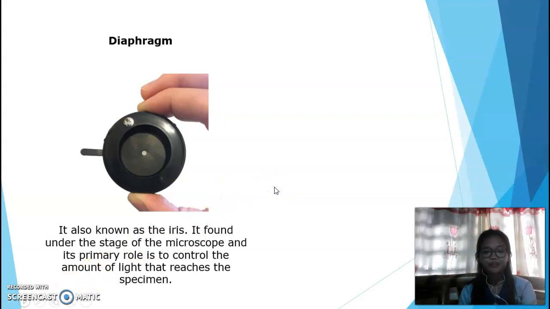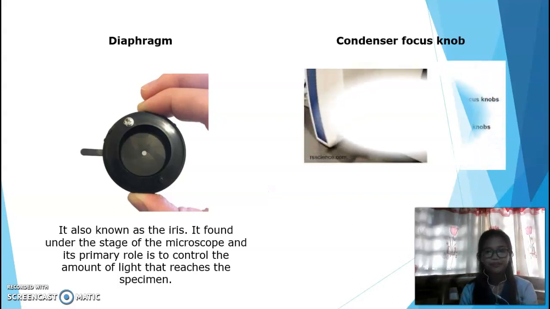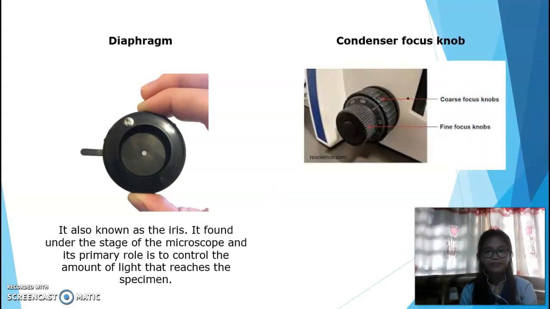Next is the condenser focus knob. This is the knob that moves the condenser up or down, thus controlling the focus of light on the specimen.